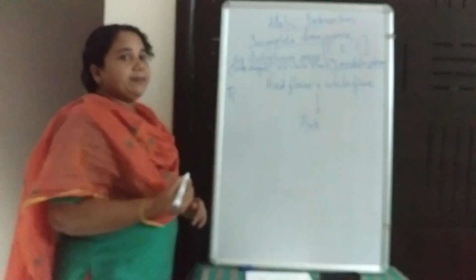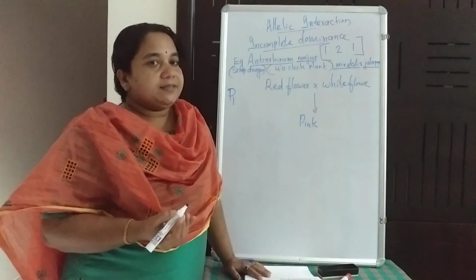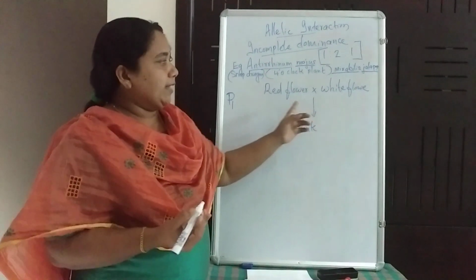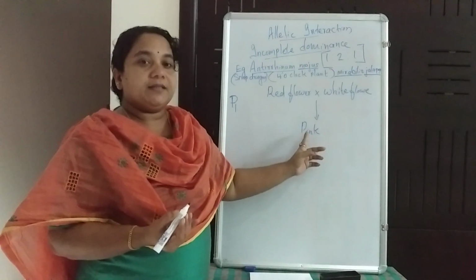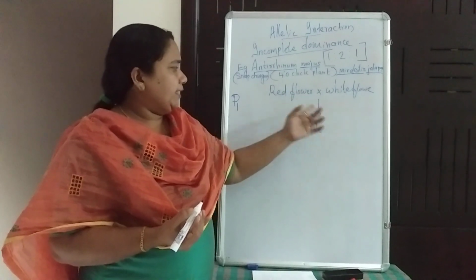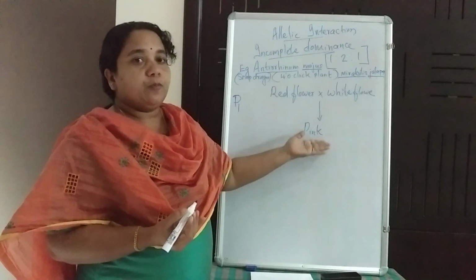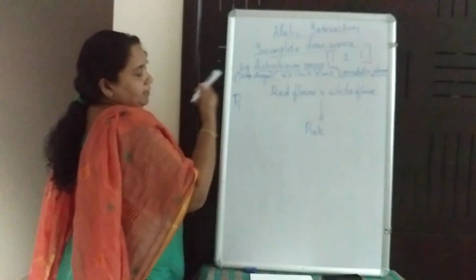One who studied the Mendelian ratio expects the phenotype as red. But when these two plants are crossed, they get pink colored flowers. That is why they went back to study these plants in detail.